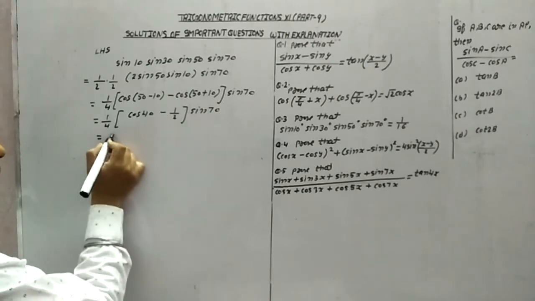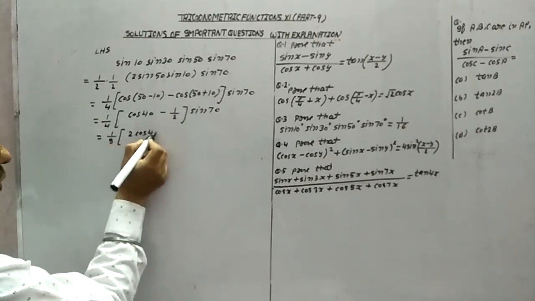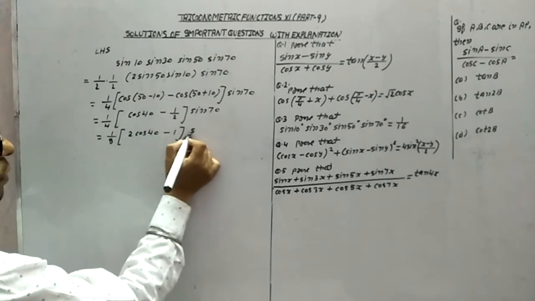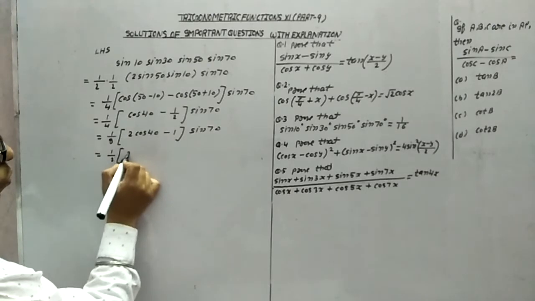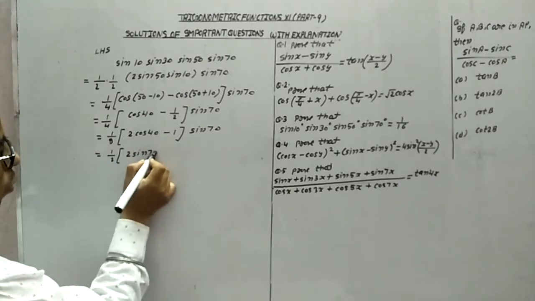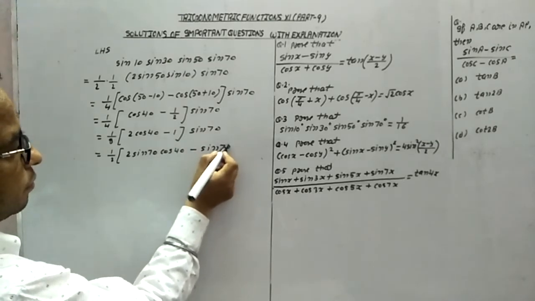Now take the LCM. After taking LCM, this becomes 1 upon 8, times (2 cos 40 minus 1), times sin 70. Now multiply this: 2 sin 70 cos 40, and this is minus sin 70.